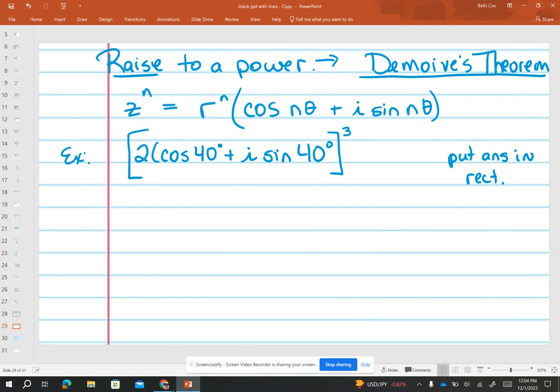Raised to a power. Again, we're going to use this new formula. We're going to raise it to the power. This one is actually called de Moivre's theorem, and we're going to use this formula here.